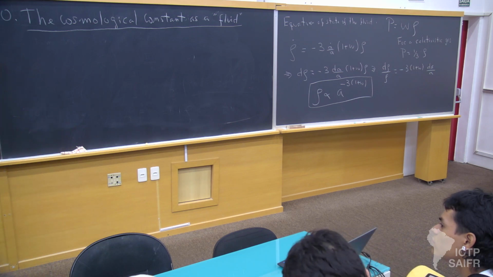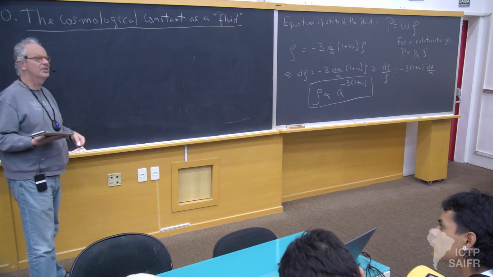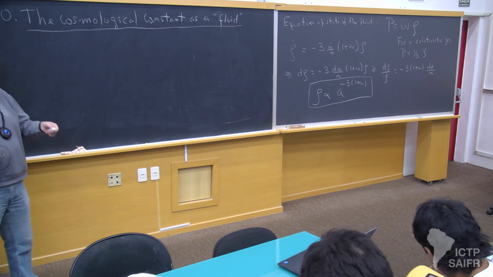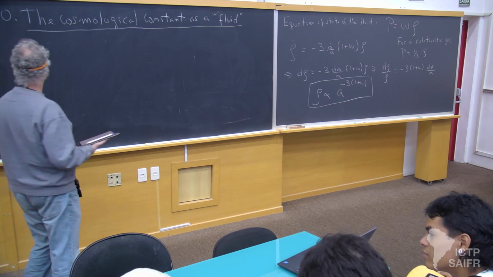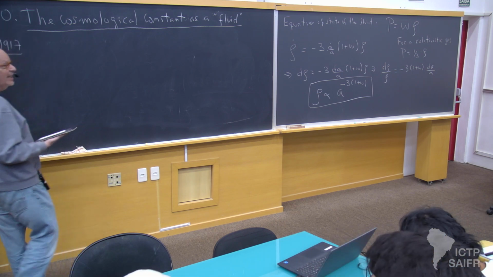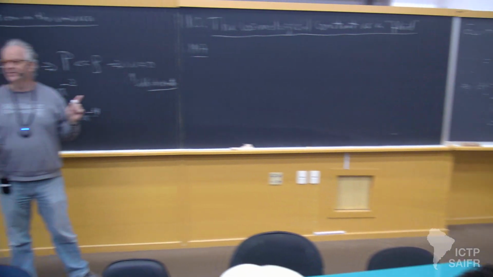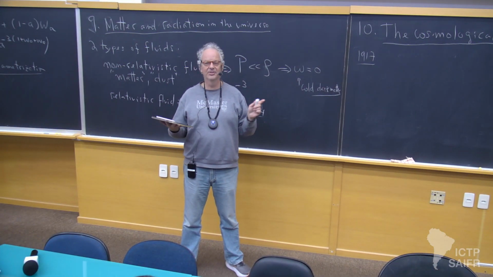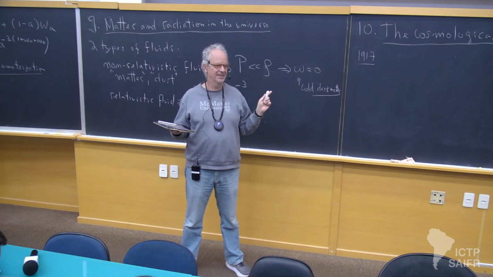So what is the cosmological constant? What Einstein did is that you can change Einstein's equations. Einstein changed his own equations in 1917. 1915 was the year when Einstein published his field equations of general relativity.